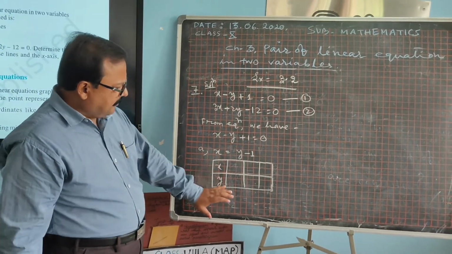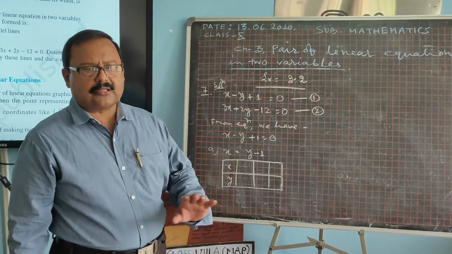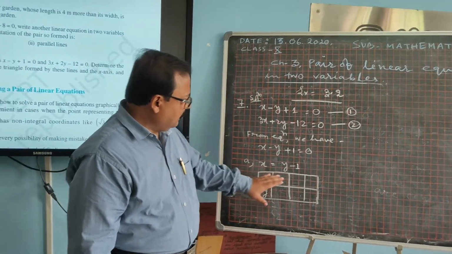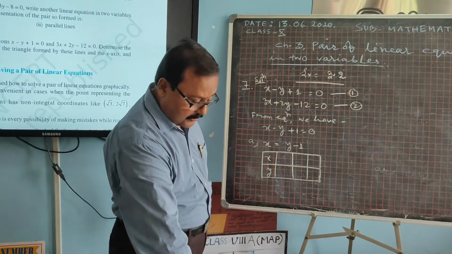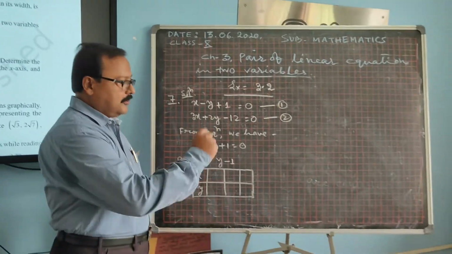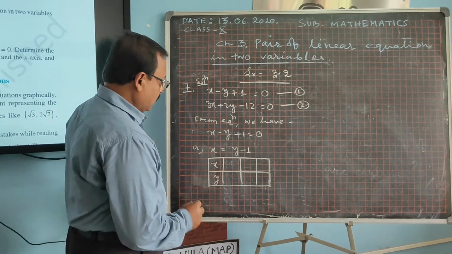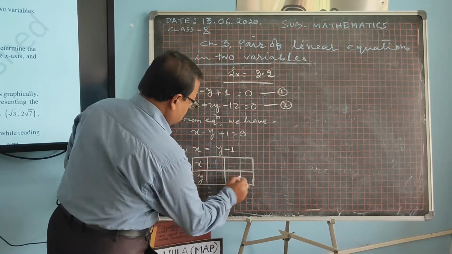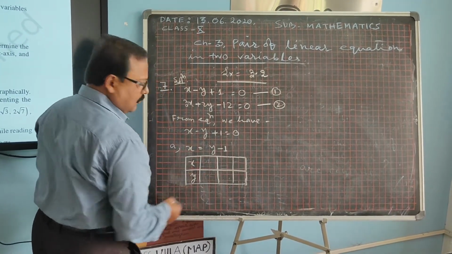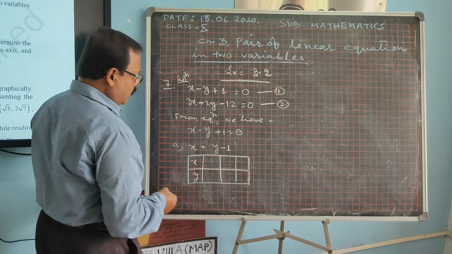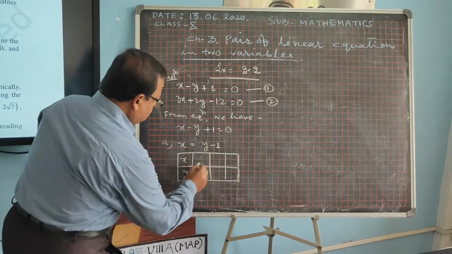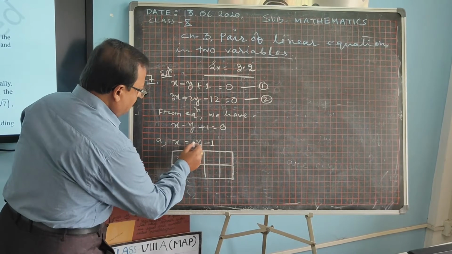Means 2 points. If you find 2 points, some books in NCERT also use 2 points, but they must be correct. In the graph, if one point is a mistake, it will be very difficult to find it. That is why you should find at least 2 or 3, more than 2 values. Then you put any values of y.